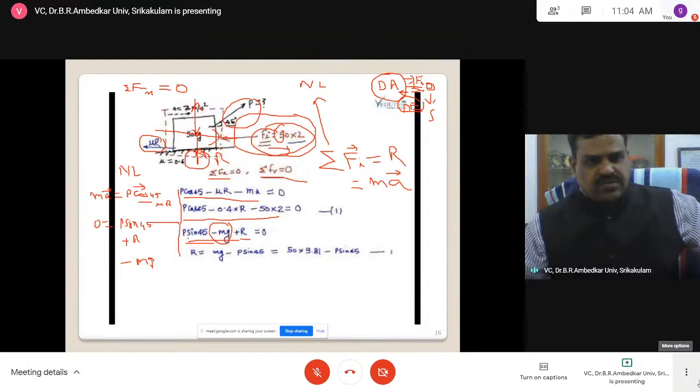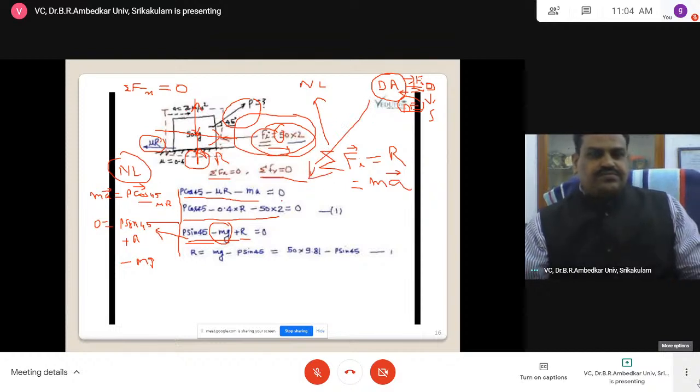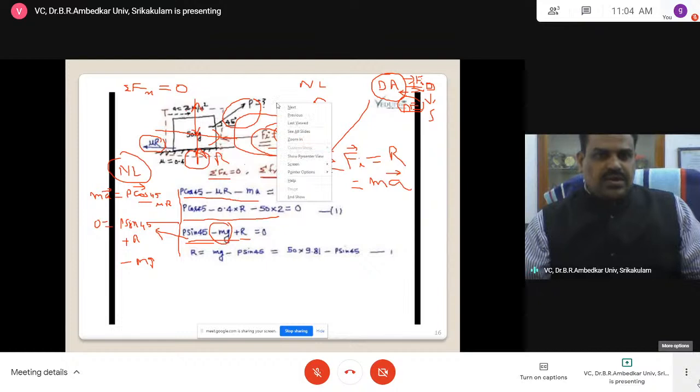You can see the same equation. See, that's why whether you use Newton's law or D'Alembert's principle, the equations are the same. The choice is yours.